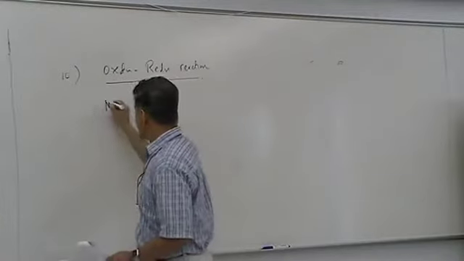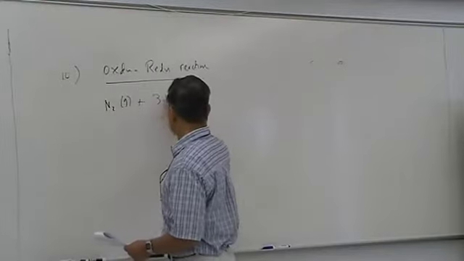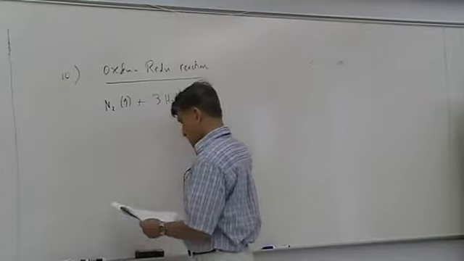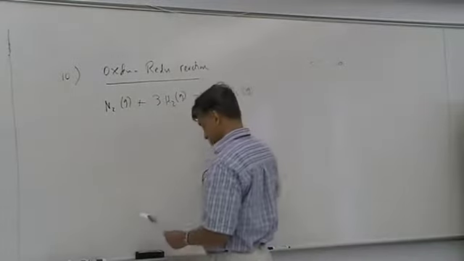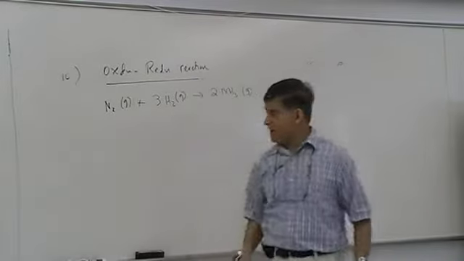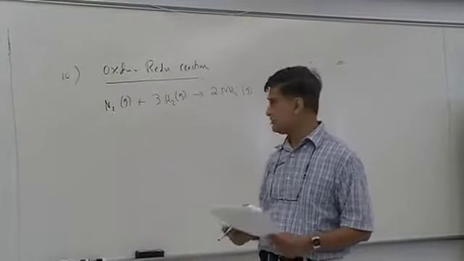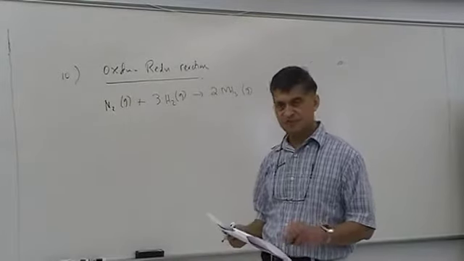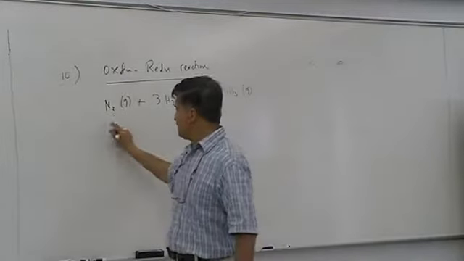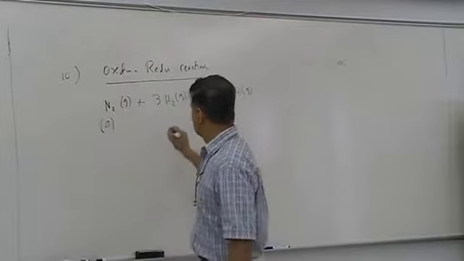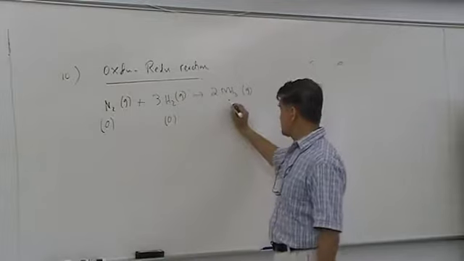I'm going to give you a reaction, in this case nitrogen plus 3 hydrogen, giving 2 NH3. You need to find out which one is oxidized, which one is reduced. Now let me remind you, oxidation means increase in oxidation number. Reduction means decrease in oxidation number. For pure elements, oxidation number is 0. This is also a pure element, it is 0. But for the product, it's not 0.